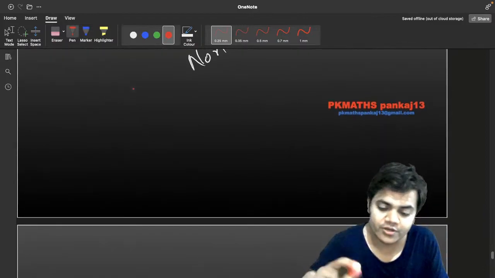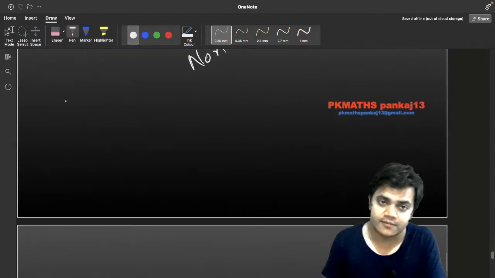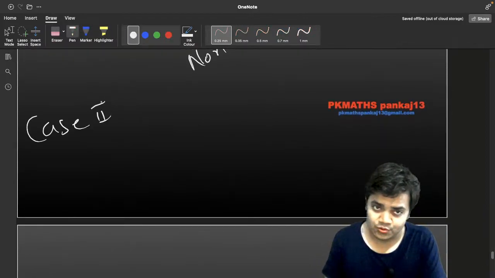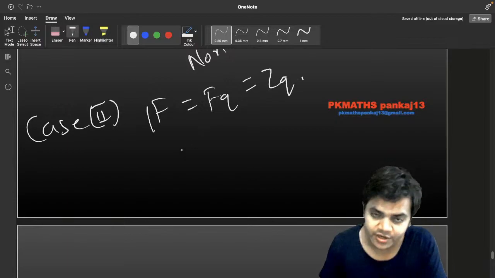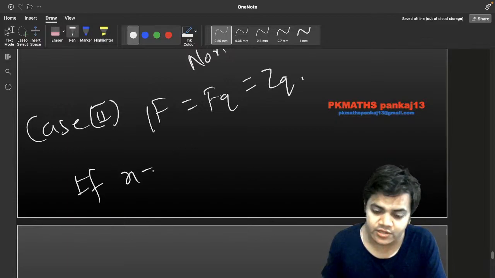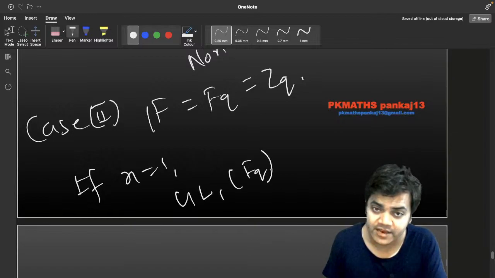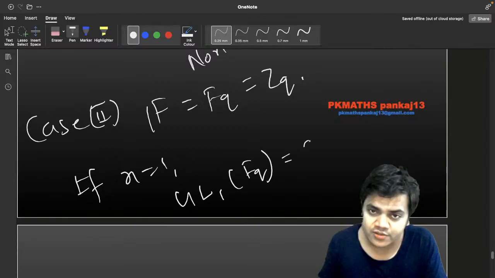But if we are going to take fields like in case 2, if we take the field F like FQ, or sometimes we used to say ZQ, then for n equal to 1, it will be GL1FQ. Remember, this FQ is a finite field, so certainly this will be FQ star.